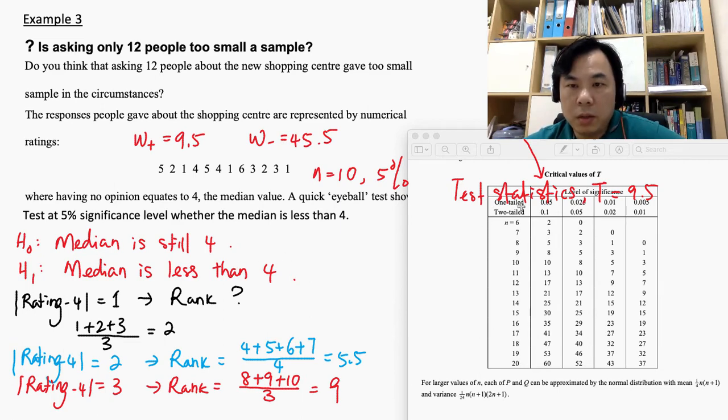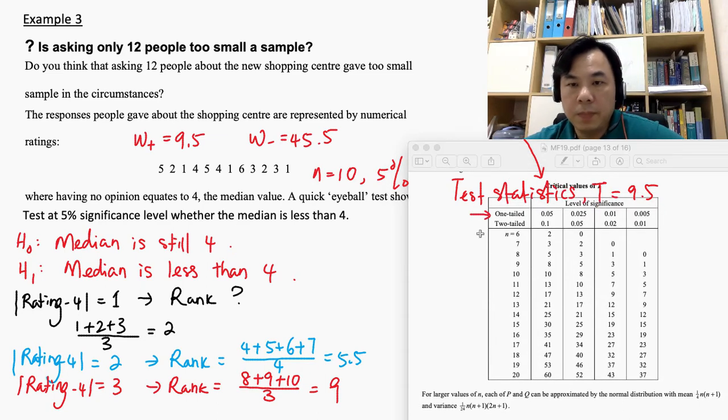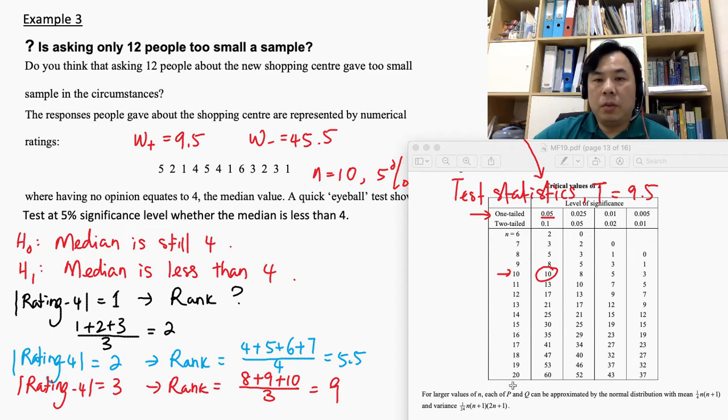Maybe I'll scroll down a bit. So this is a one tail test at 5%, sample size is 10. Therefore, the critical value for T is 10.